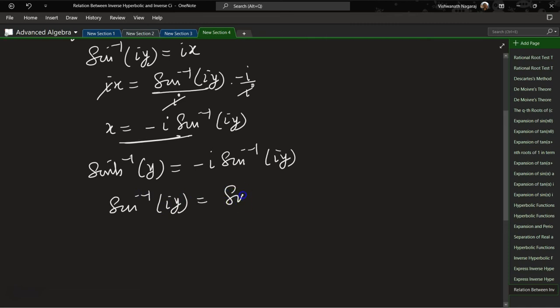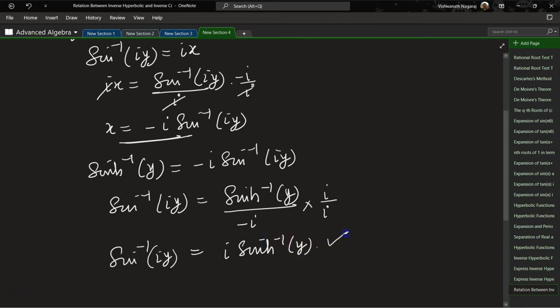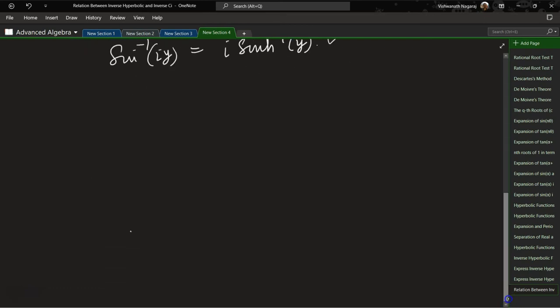So naturally, hyperbolic sine inverse of y by minus i, which means again if I do i by i, this becomes i square is minus 1, times minus is plus 1. So that means it becomes i hyperbolic sine inverse of y. So this and this are equivalent.